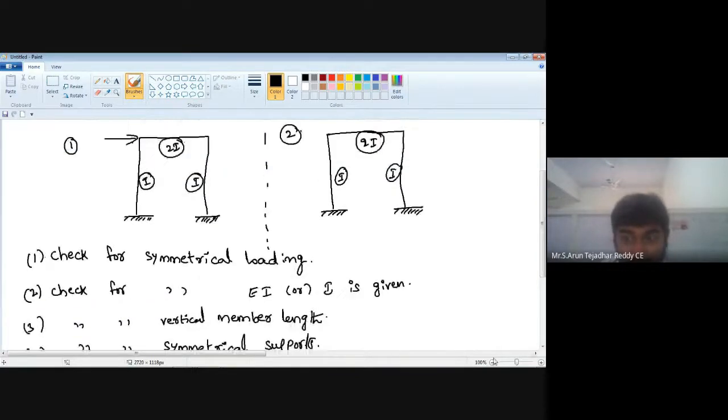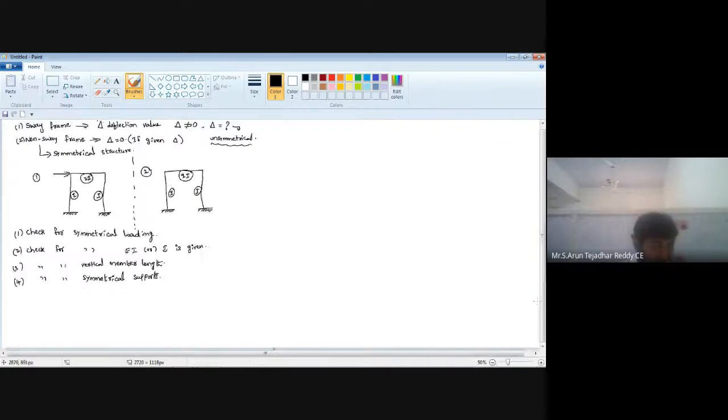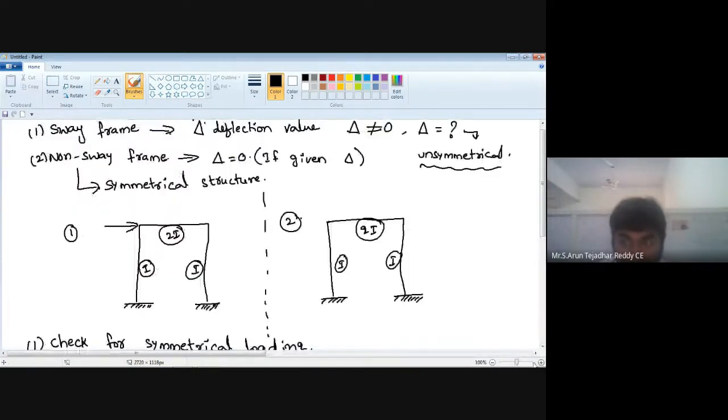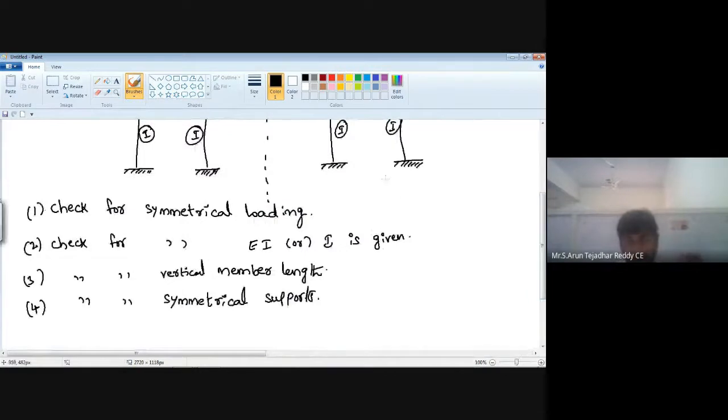All the students, first observe these two diagrams and check these four conditions. Suppose these four conditions are satisfied, all of you note down this point, then it is a non-sway frame.